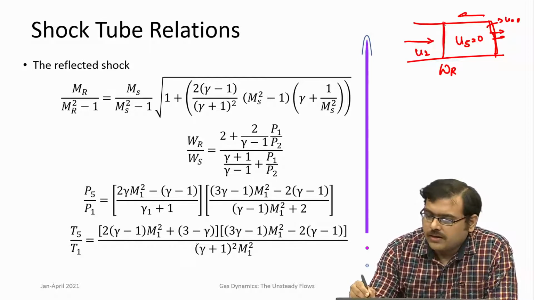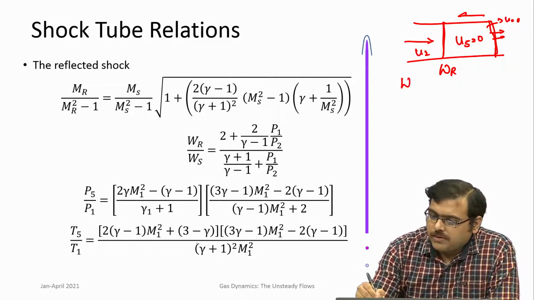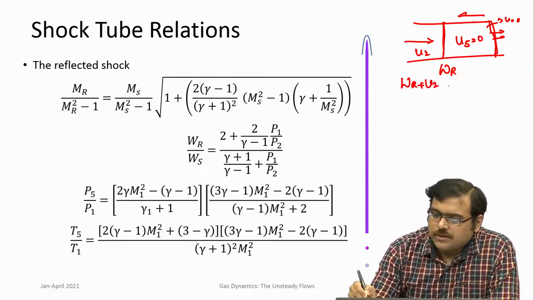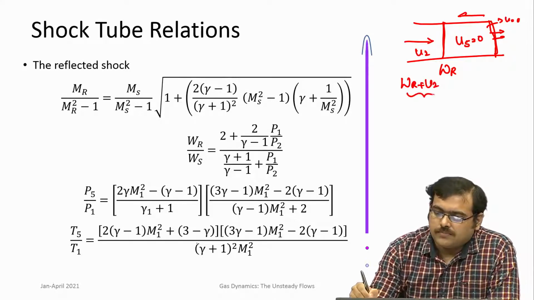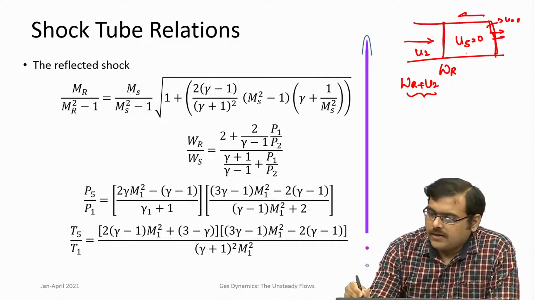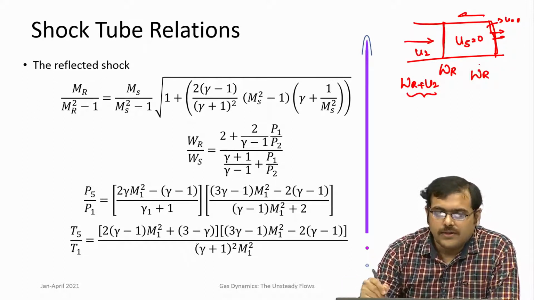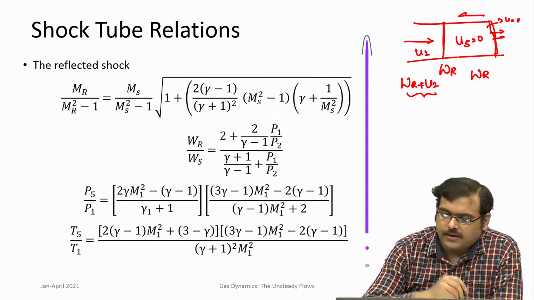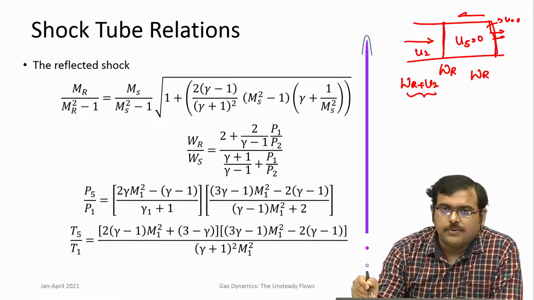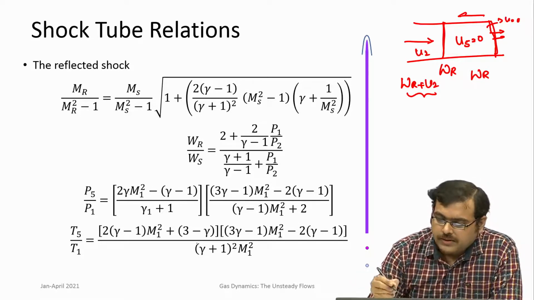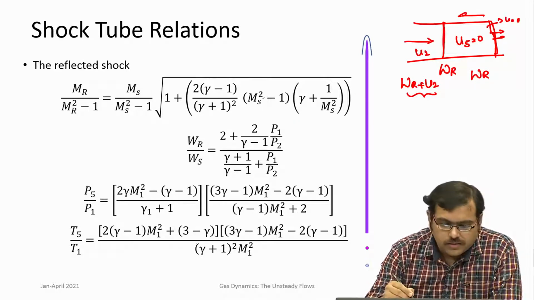Okay. So this is again a moving shock. This moving shock can be analyzed, WR plus U2 will be the relative velocity. Okay. And here you will have WR as the relative velocity, and you can do the analysis for this shock, and this was done in the previous module, and we take the results directly from the previous module.